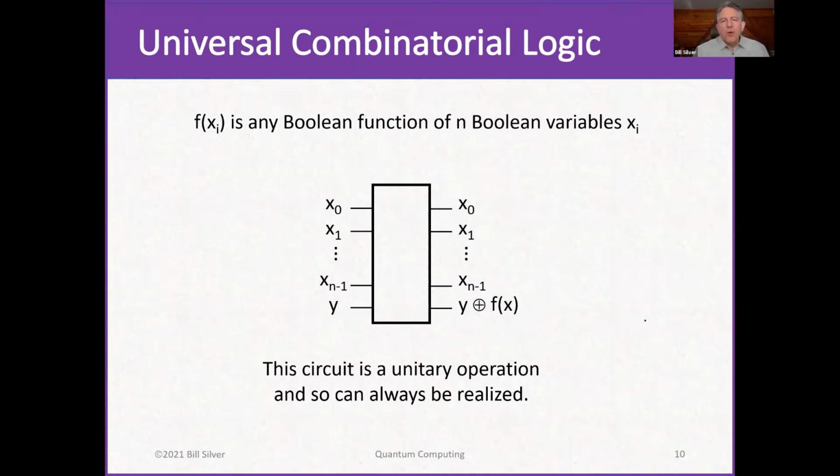And of course, if I make y 0, I just get the function that I want. So this is how you can make any Boolean function. I'm not going to prove that this is always realizable, but it is.